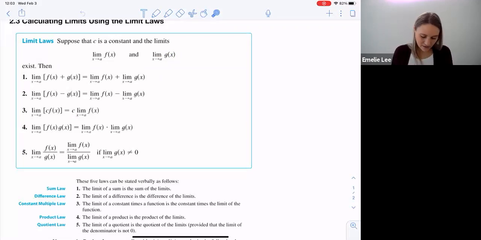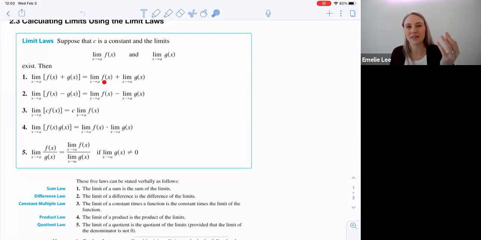So then, nice and slow here, if I need to find the limit of something that I can break up to be a function plus another function, then I can essentially distribute that limit across the addition. Same thing with subtraction, no surprise there. And so this limit distributes inside the brackets, if you want to think about it that way.